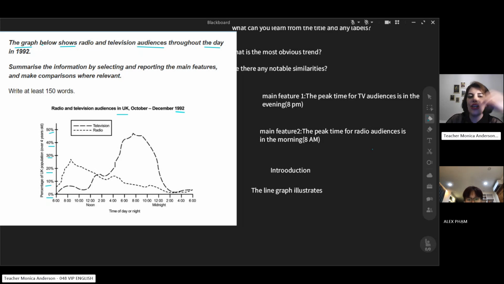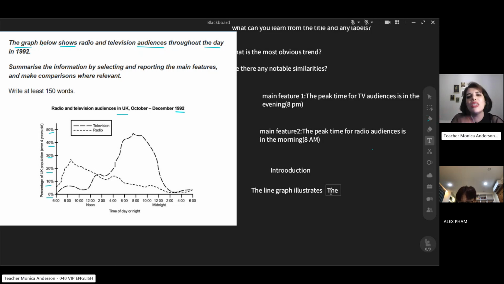Okay, vertical axis. As you can see, I have a percentage of UK population. So we can say, the line graph illustrates what? A proportion or percentage.